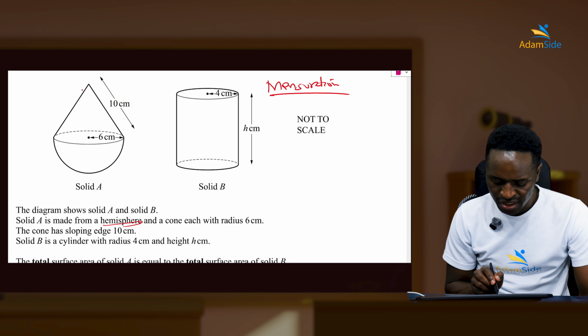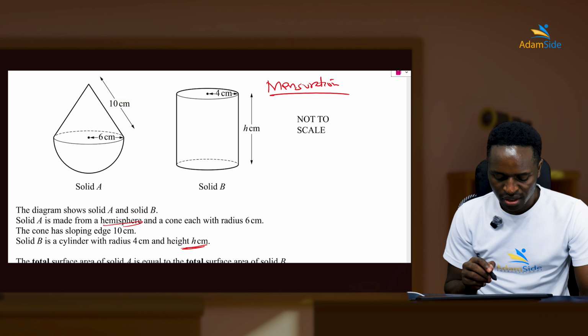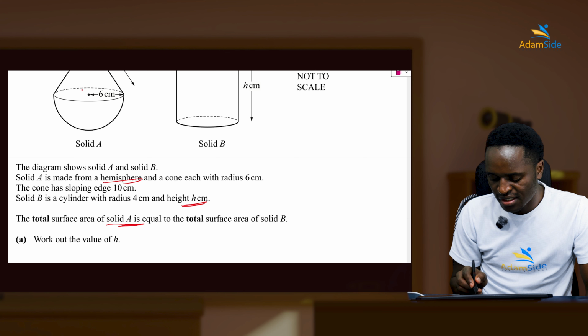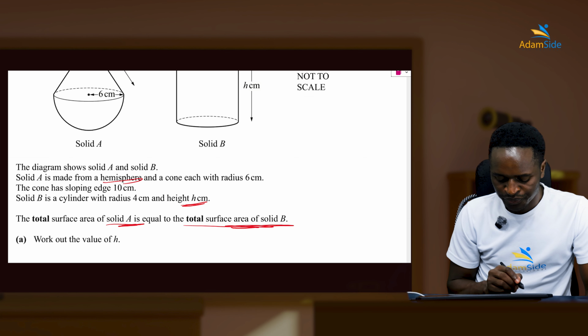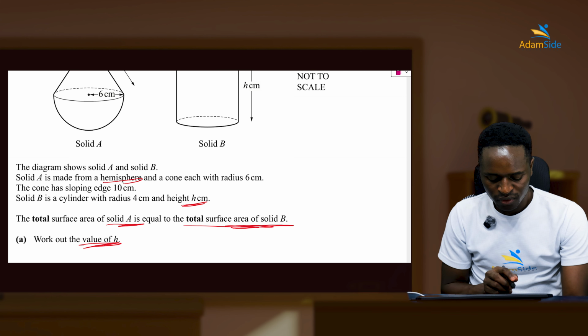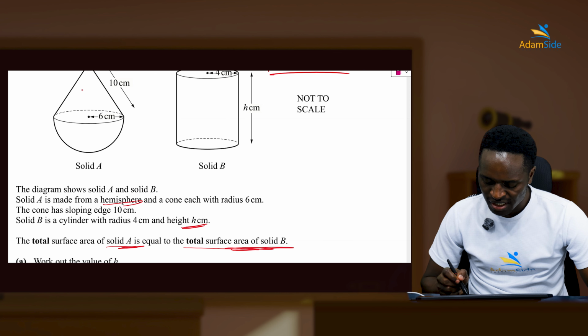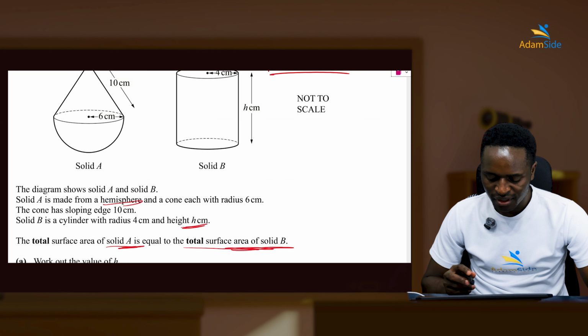The cone has sloping edge 10 cm. Solid B is a cylinder with radius 4 cm and height h cm. The total surface area of solid A is equal to the total surface area of solid B. Work out the value of h.